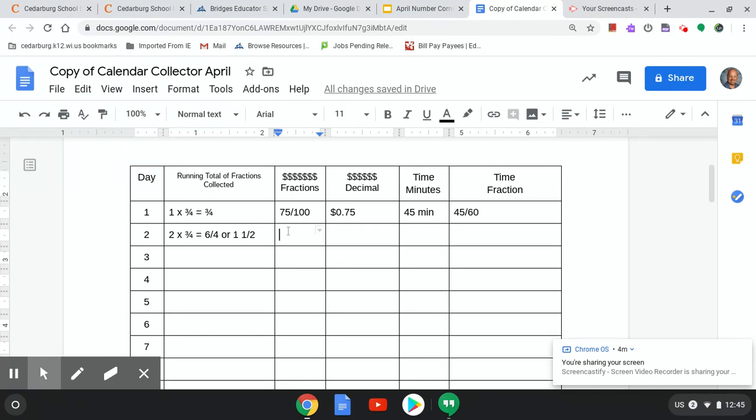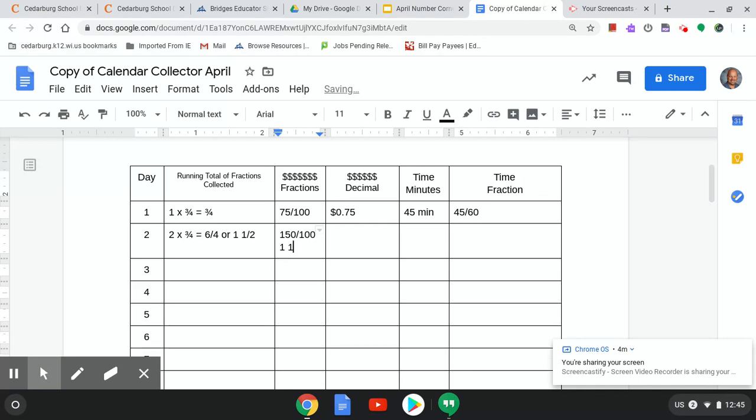So what would that look like as a fraction? 150 100ths, or 1 1/2. 50 100ths would be 1/2. Let's see if I can get the equal sign there. All right, so in money, what would 1 1/2 as a decimal look like? I know you're all really familiar with halves as decimals, so we're going to go $1.50.